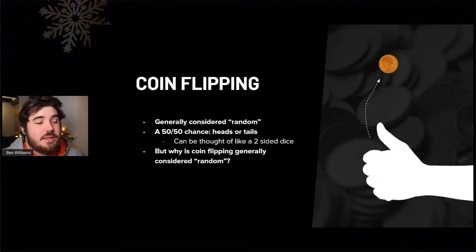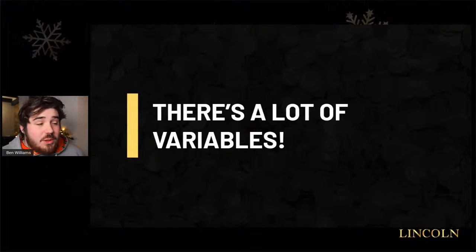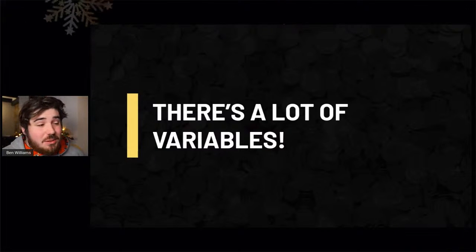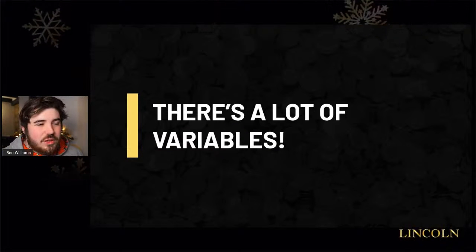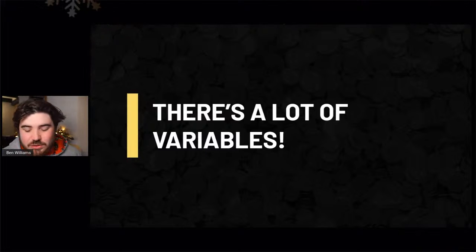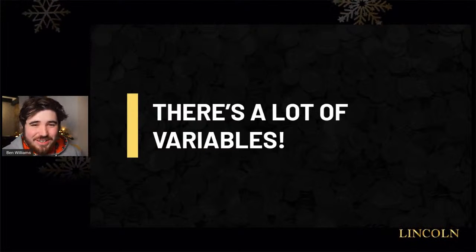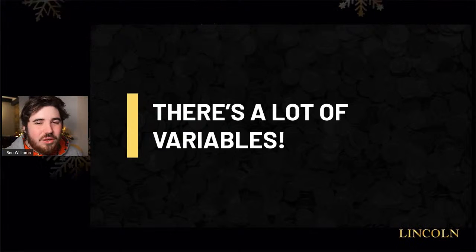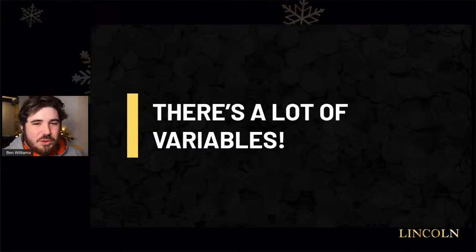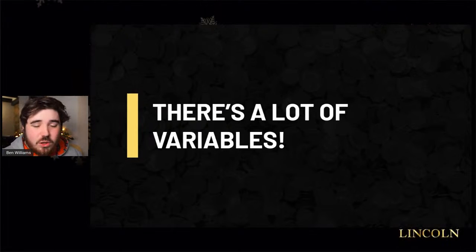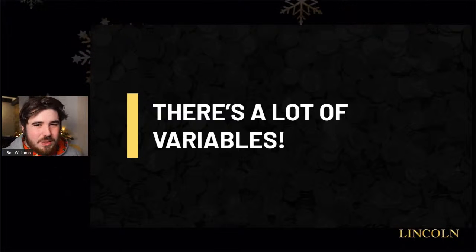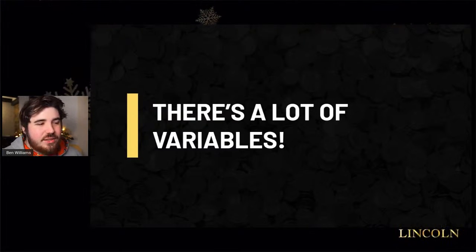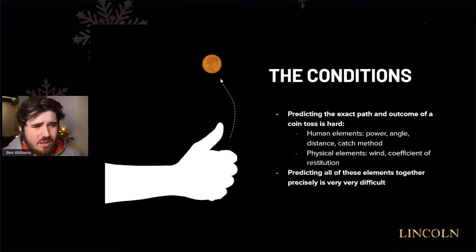What is randomness? The reason we consider that to be random is because there's a hell of a lot of variables involved in a coin flip. Coin flipping is literally you flick it with your finger, and it seems like quite a simple process, but there are so many variables going on that it's really hard to predict the state of the coin at any one point. So it's really hard to predict whether the outcome will be heads or tails.